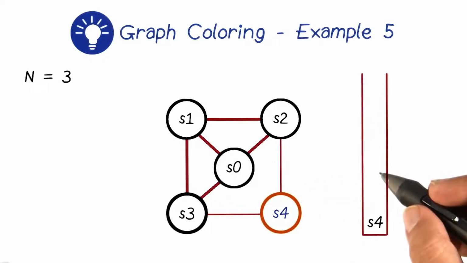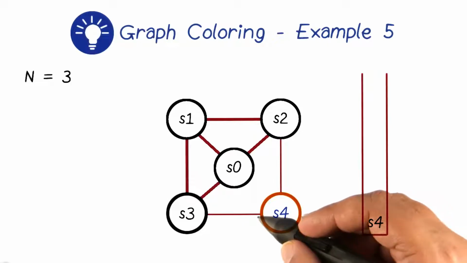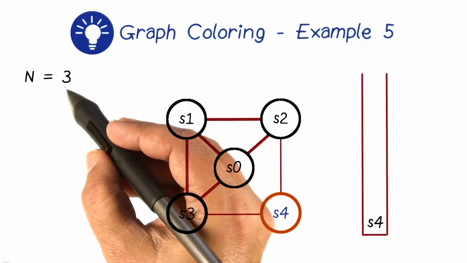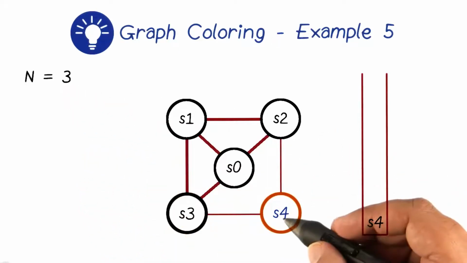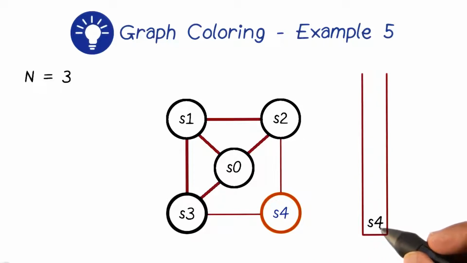So as you know, the first step is to pick up all those nodes whose degree is less than n and push them on the stack. As you can see here, we have selected node S4 because its degree is 2, which is less than the number of colors we have, which is equal to 3. And we have removed it from the interference graph and pushed it onto the stack.